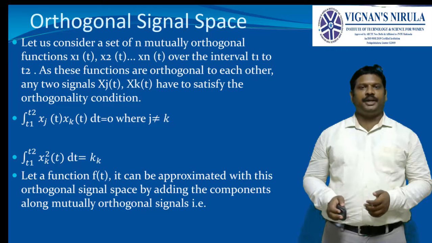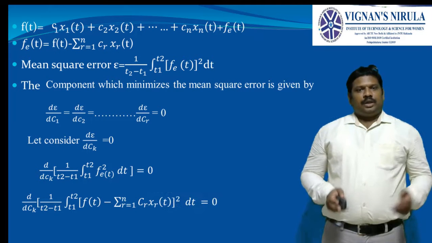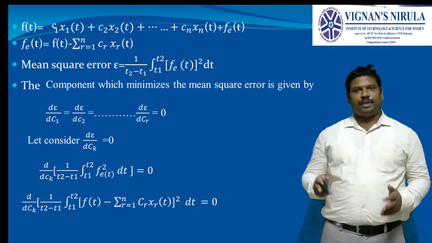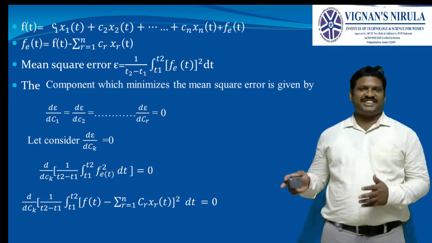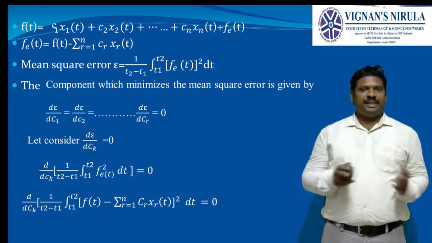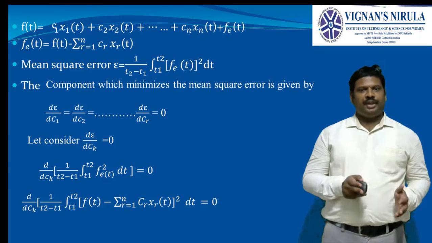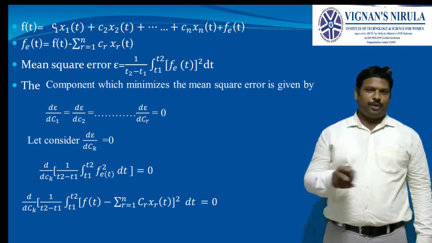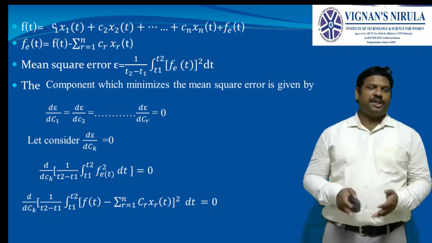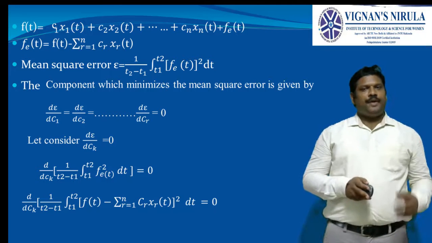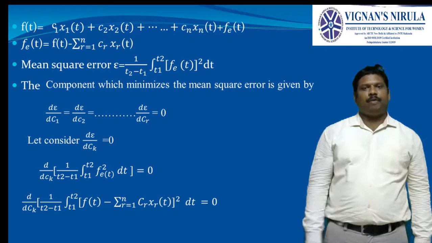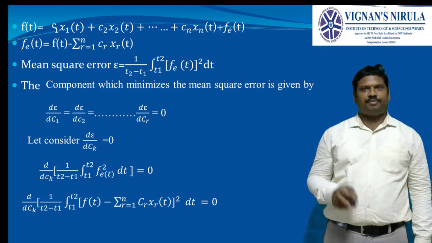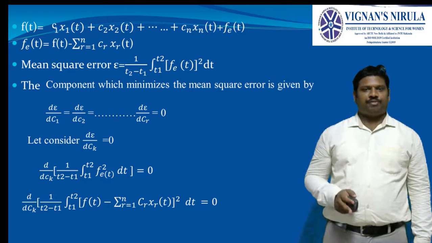Therefore, the expression is given by f of t equals c1 x1 of t plus c2 x2 of t plus and so on cn xn of t, plus fe of t, where fe of t is nothing but f of t minus summation r equal to 1 to n of cr into xr of t. This fe of t is used in calculating our mean square error, that is E equal to 1 by t2 minus t1 integral of t1 to t2 fe square of t dt.